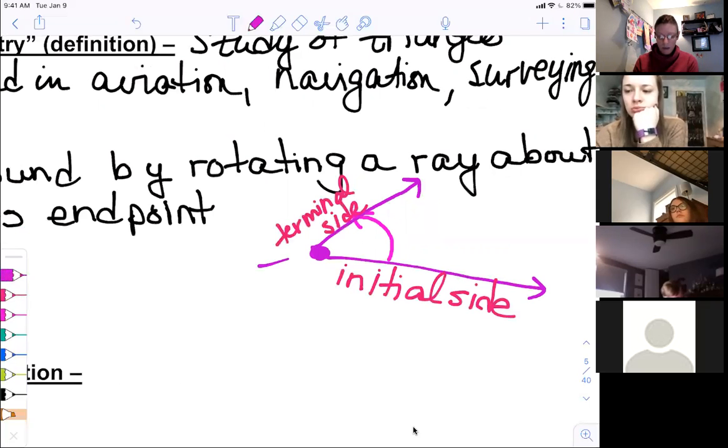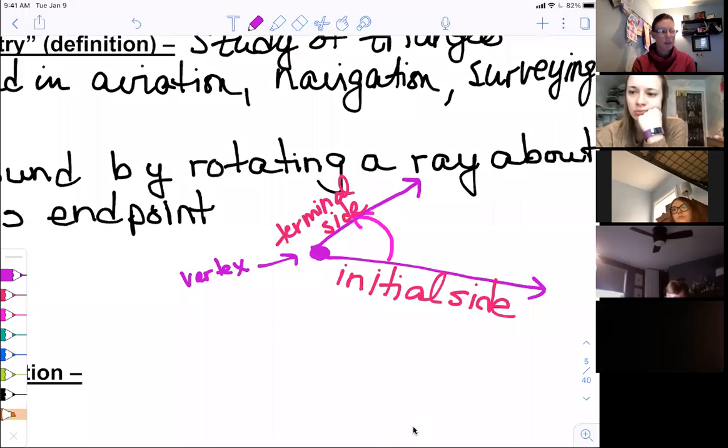This little endpoint, we know that is a vertex. So an angle has an initial side, a terminal side, and then that vertex connecting the two together. You'll see those words, the initial side, the terminal side.